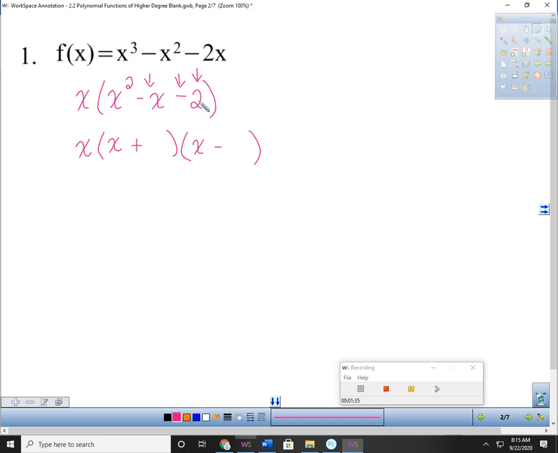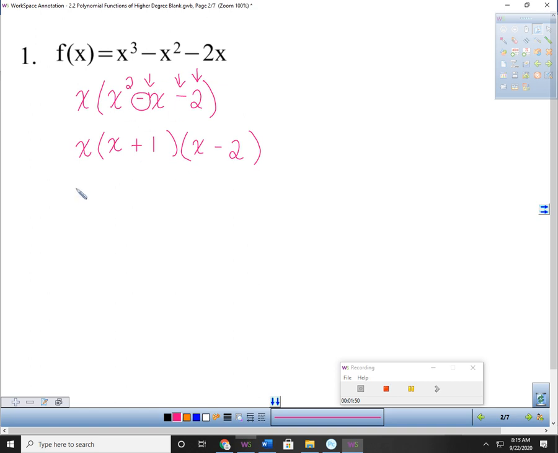Well, the only thing that multiplies to make 2 is 2 and 1, and that does subtract to make 1. So I just have to think about where to put the 2 and where to put the 1. I want this middle to be negative, so I need the 2 to be negative and the 1 to be positive. That way when I do the middle, I've got negative 2x, positive 1x, which makes a negative 1x.